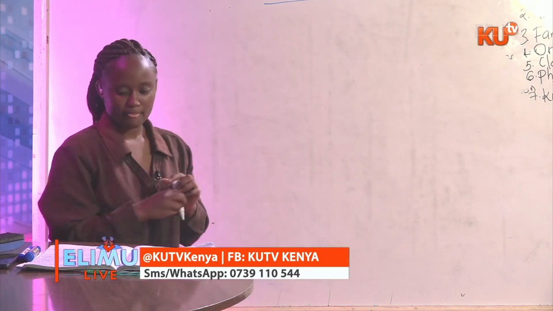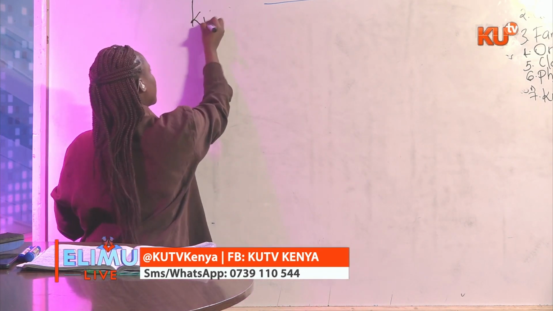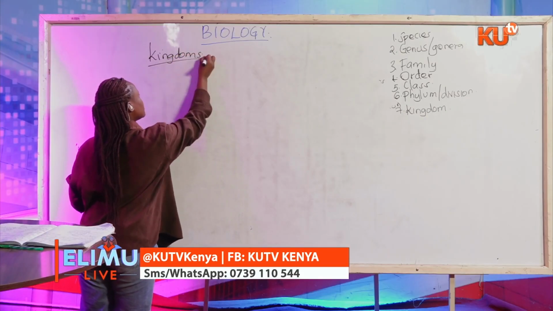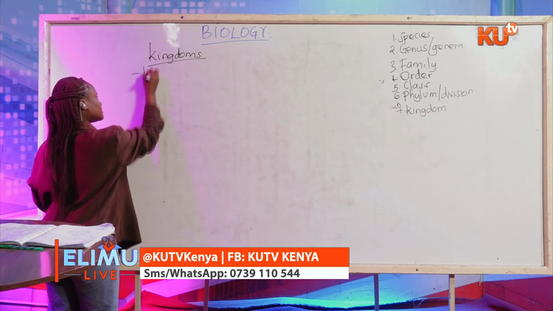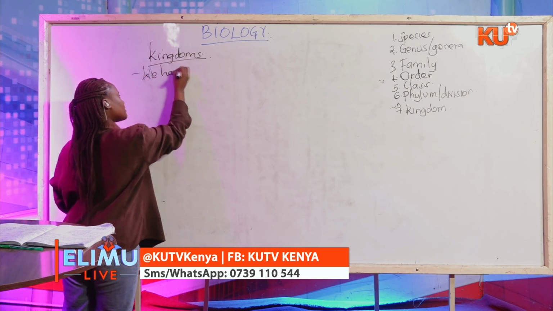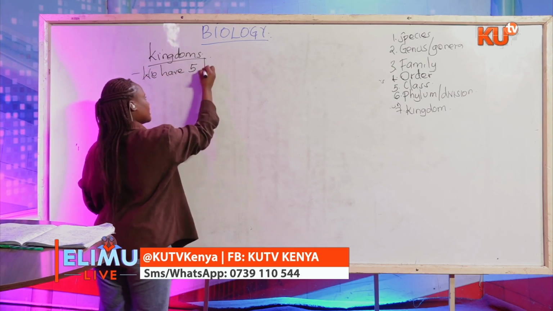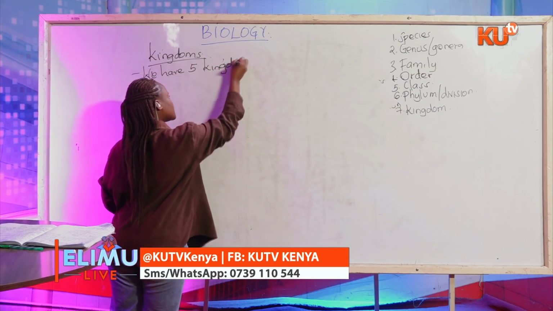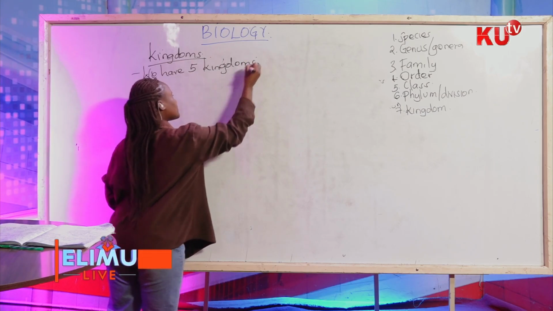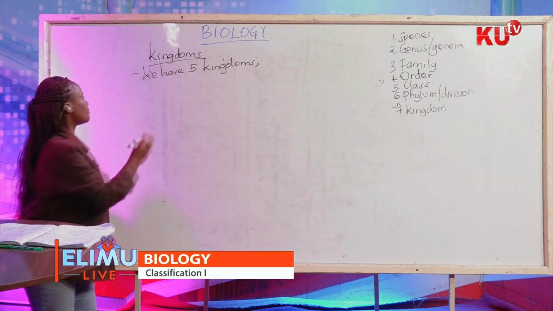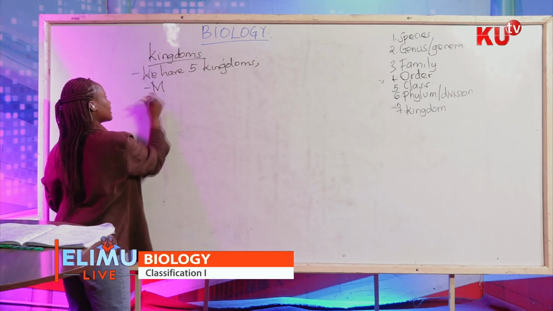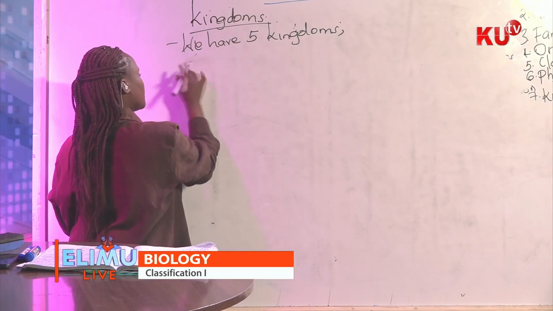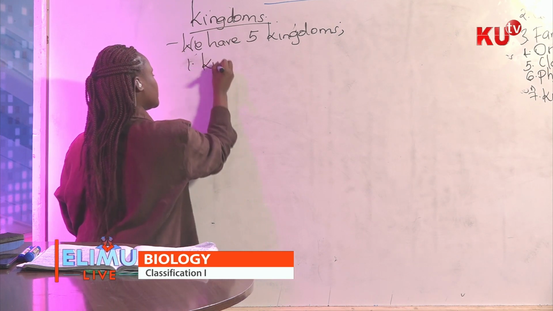Kingdoms. We have 5 kingdoms. They include Kingdom Monera, our first one.